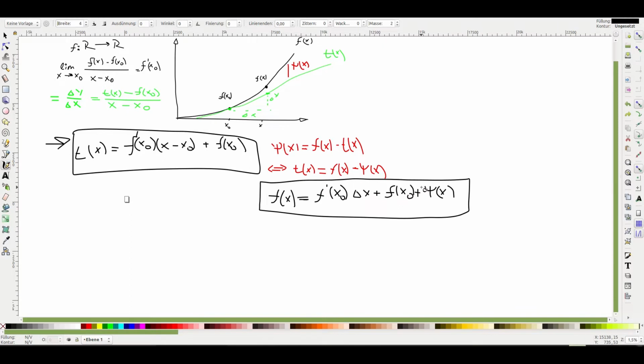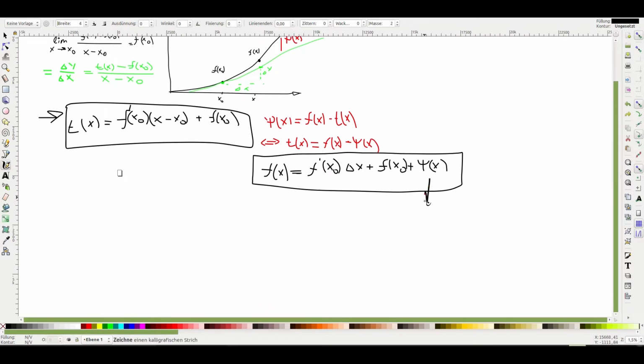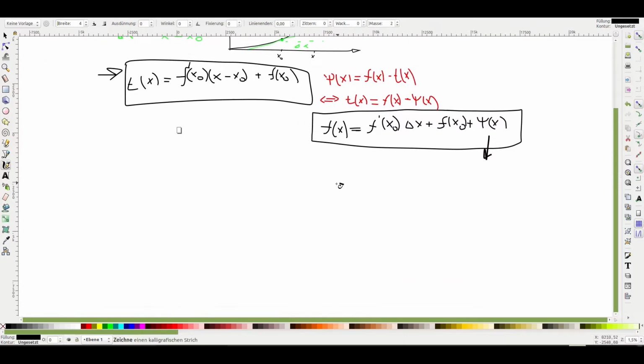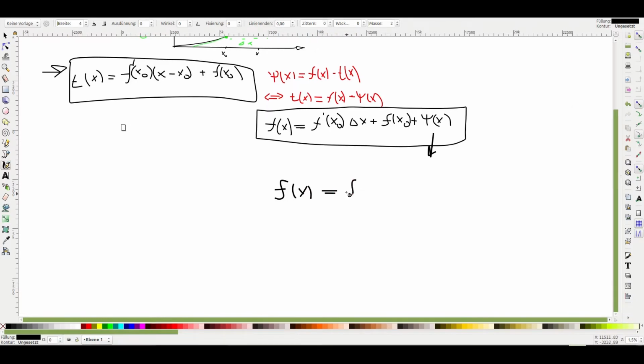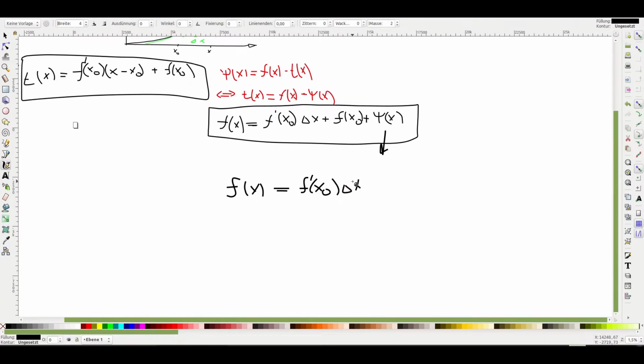Okay, now let's examine the behavior of psi of x. Let me just write the equation again here. f of x is equal to the first derivative of f in x0 times delta x plus f of x0 plus psi of x.